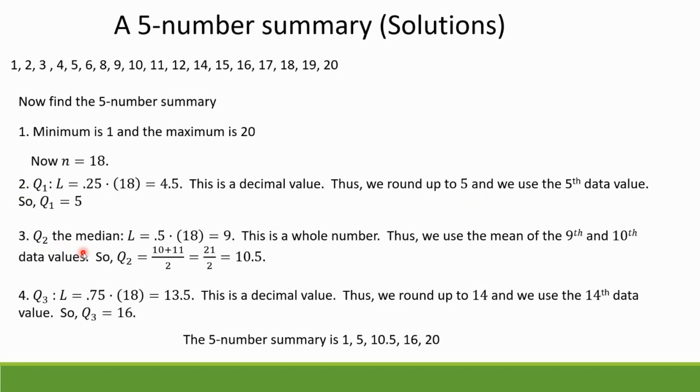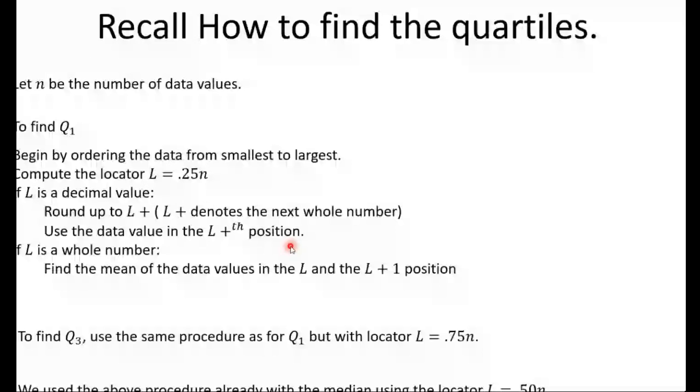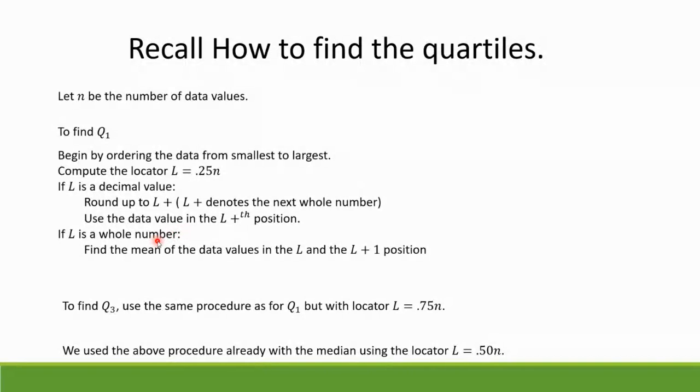For Q2, the median, it's the same process except L is 0.5 times N, and you get 9 here. Now that's a whole number. Well, in that process, let me go back to it. If you get a whole number, you're going to find the mean, which is the average, of the data values in the L and the L plus 1 position.